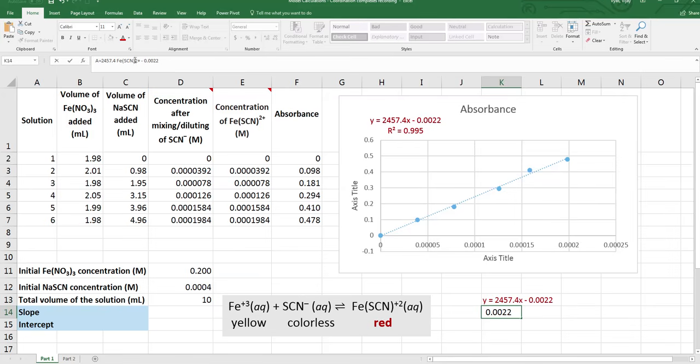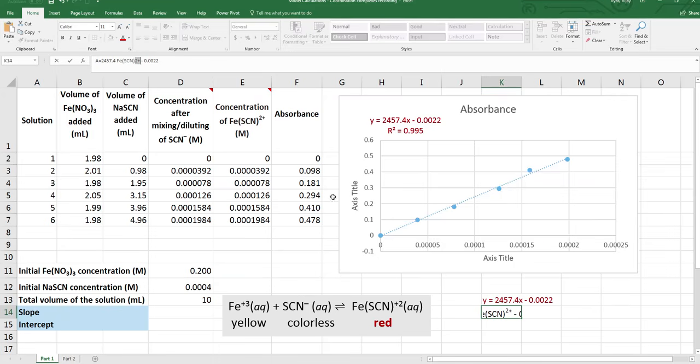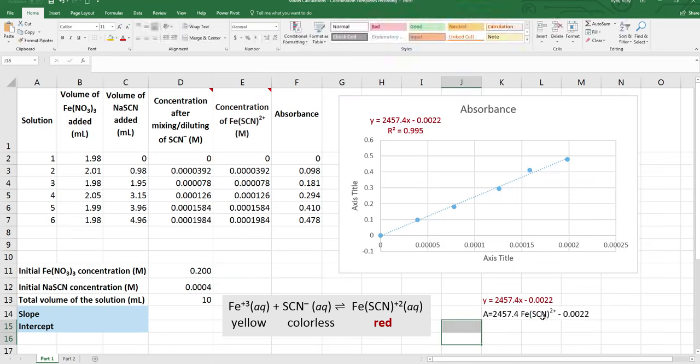All right. And let's put that as a superscript. All right. So this is the relationship between your absorbance and iron thiocyanate concentration.